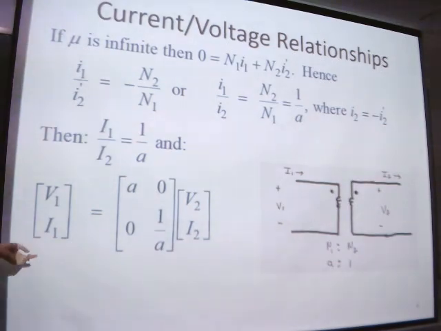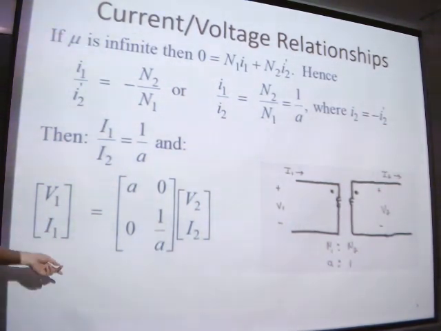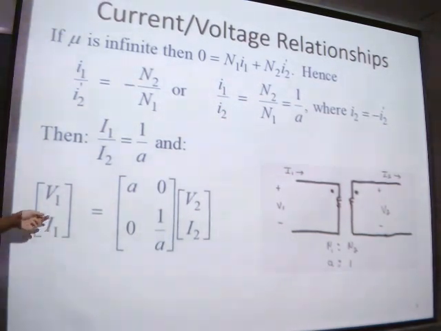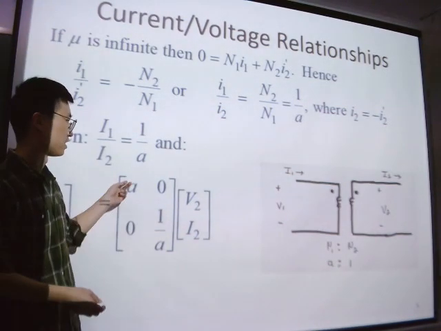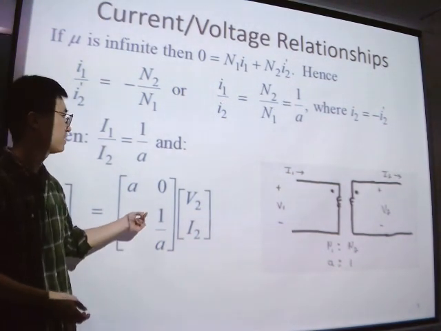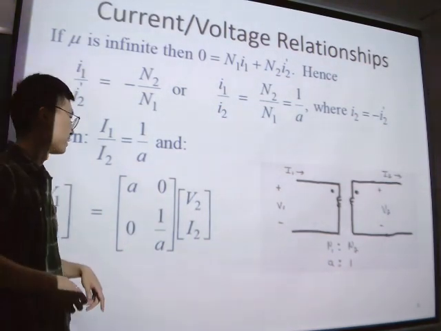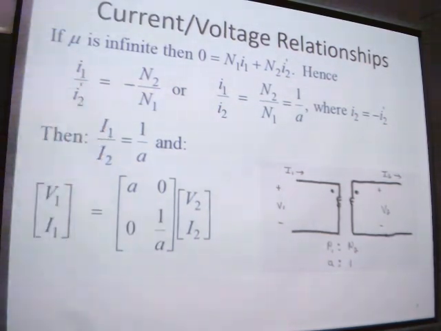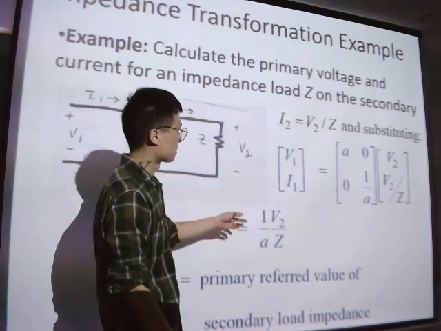So these are the current and voltage relationships in the ideal transformers. We can summarize these relationships in this matrix. So V1 is the primary voltage and current. So this green is the transfer matrix, and this is the voltage and current in the secondary side. And for the impedance transformation examples, we can use these equations.